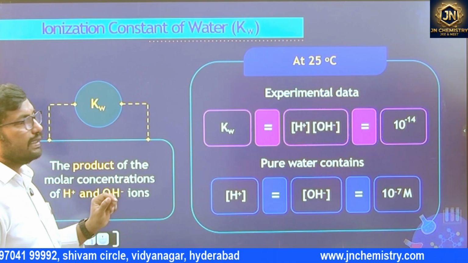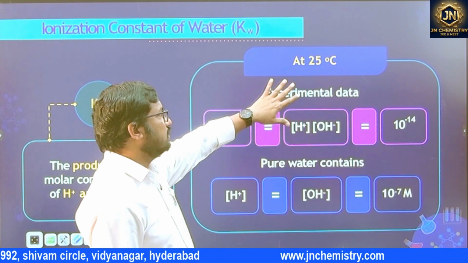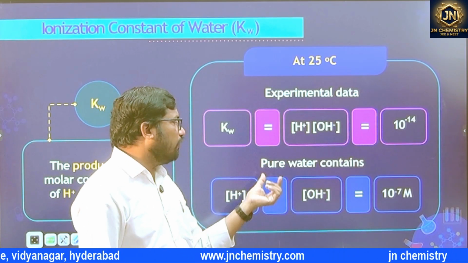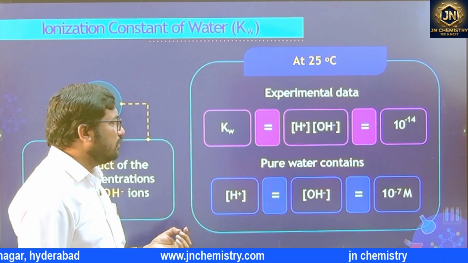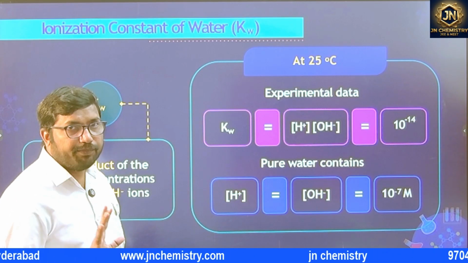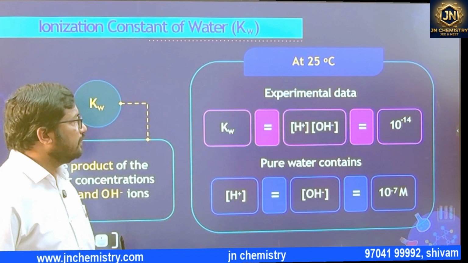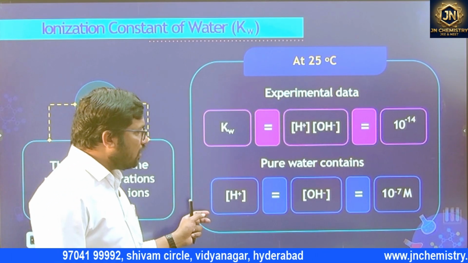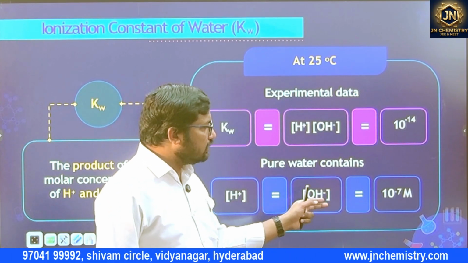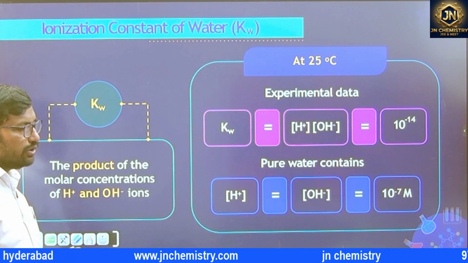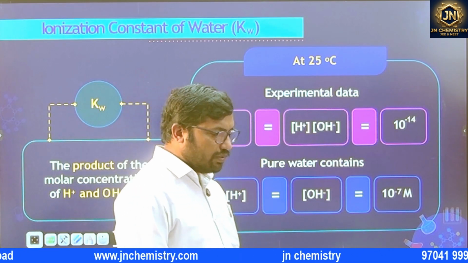At 25 degrees centigrade, from experimental data, the KW value is 10 to the power of minus 14, particularly at 25 degrees centigrade only. So the H plus ion concentration is equal to the OH minus ion concentration, equal to 10 to the power of minus 7. That is the ionization constant of water, and the rest I'll discuss tomorrow.